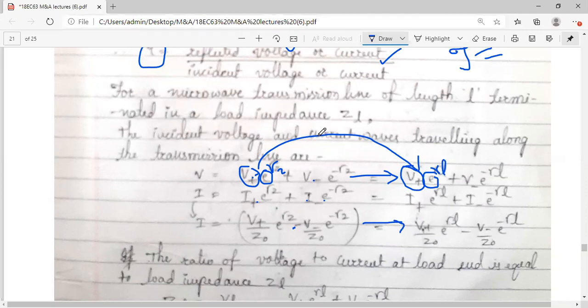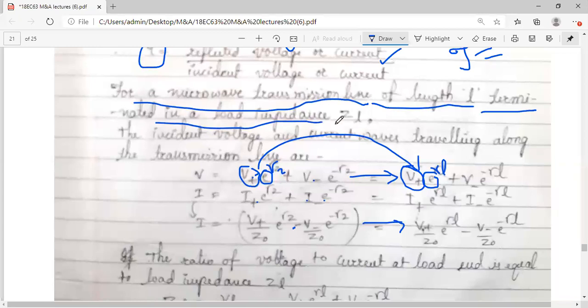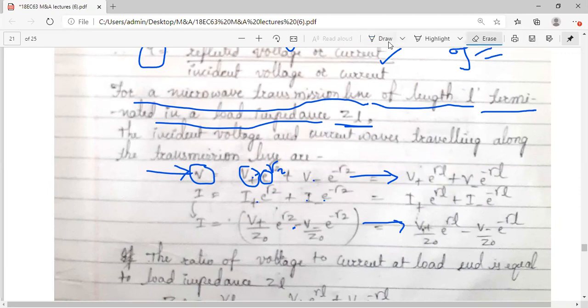So for a microwave transmission line of length L, terminated in the load impedance ZL, we can simply modify the first transmission line equation for V like this. In this way we can write the equation.